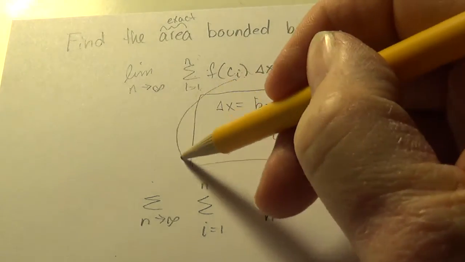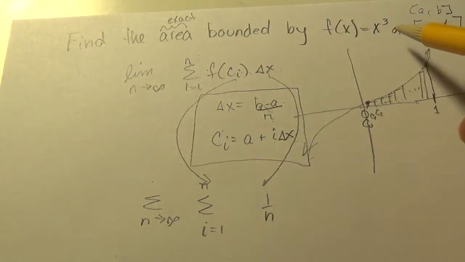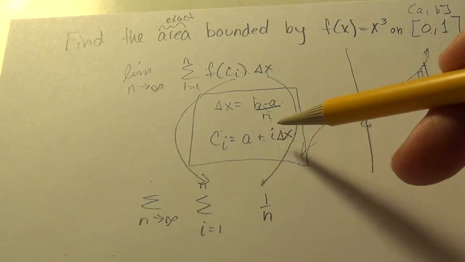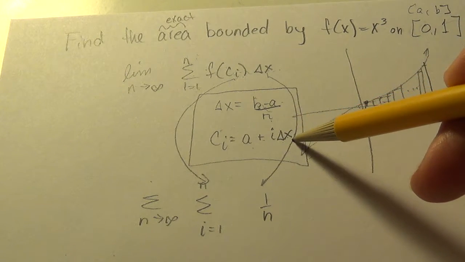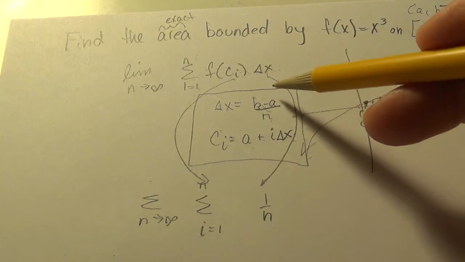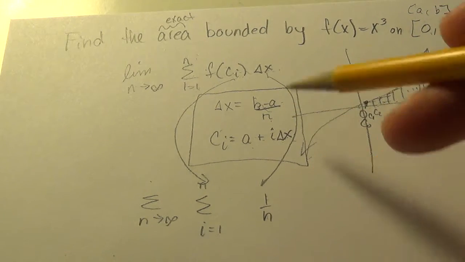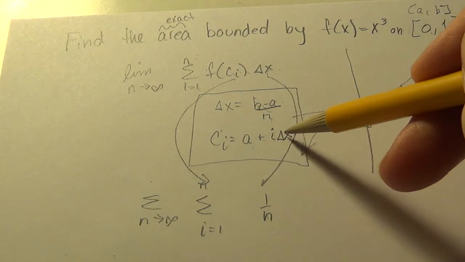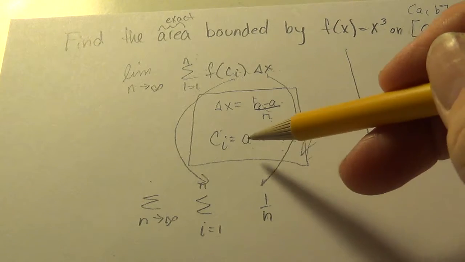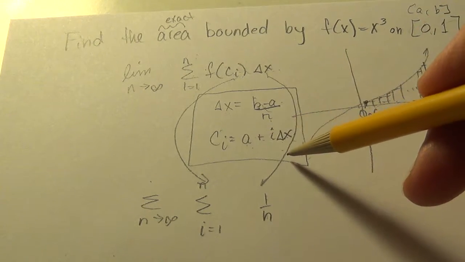Now this part, since the function is cubing everything, I'm going to take a plus i change in x, and change of x is defined already in this part as 1 over n. So change of x is 1 over n times i is i over n, and a in our example is 0.